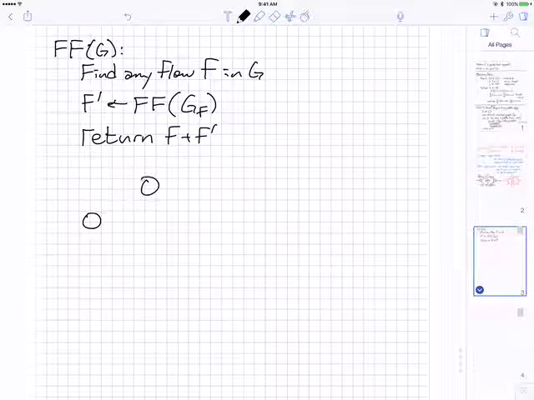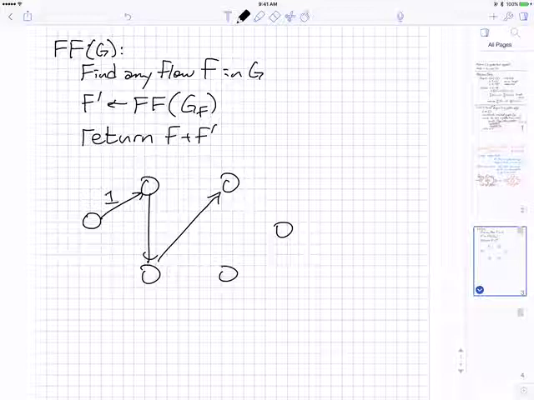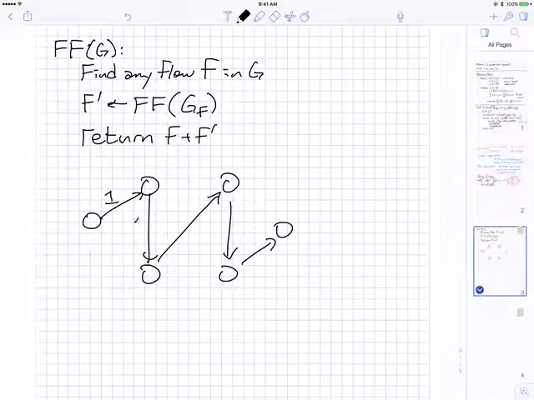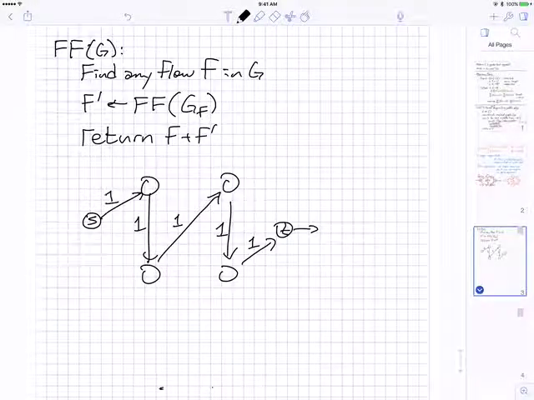So if I have a graph, and in here I'm only going to draw the flow, I'm not going to talk about capacities for the moment. But if I have a path from S to T that looks like this, and I send 1 unit of flow along this path, this is a flow from S to T.